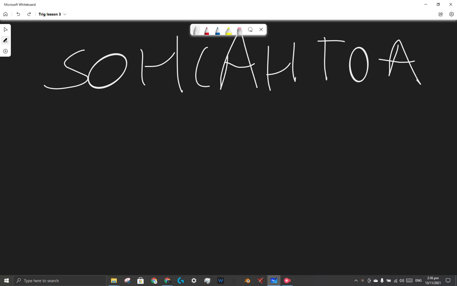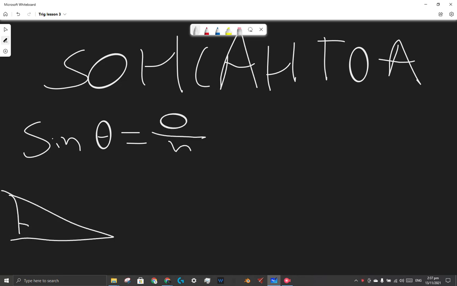So when we expand them, we write sine theta or cos theta or tan theta. So sine theta is O over H. But when we have our right angle triangle, and say that angle is 42, then we replace it. We write sine 42 equals O over H.